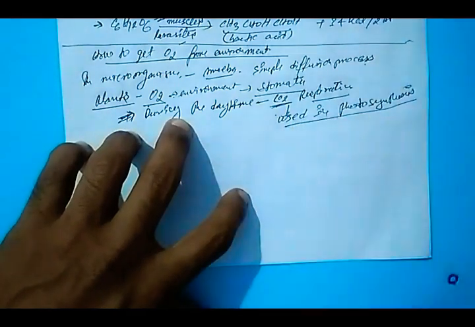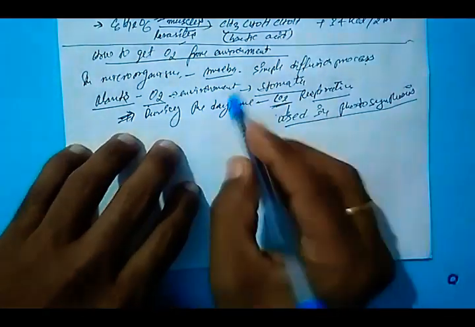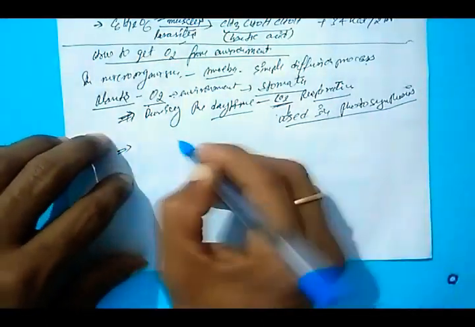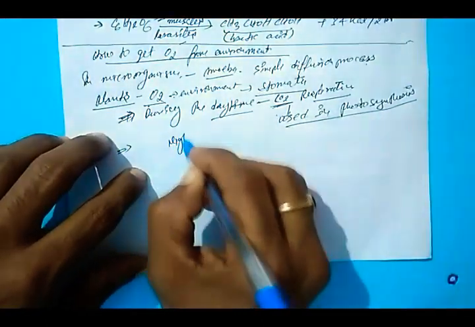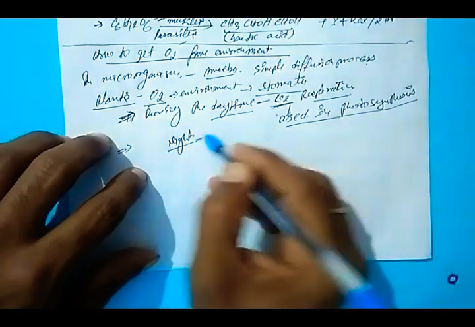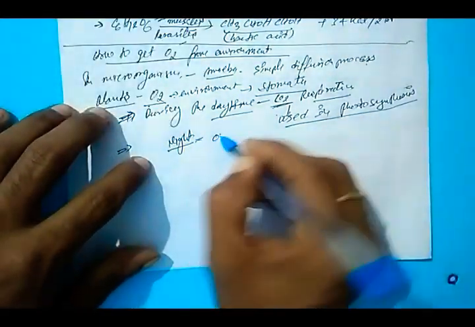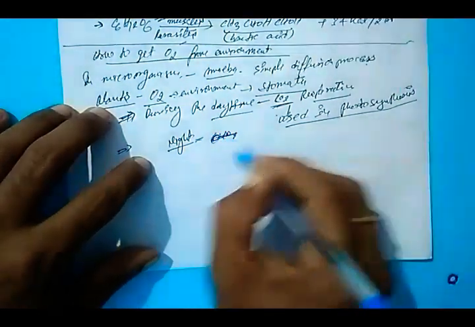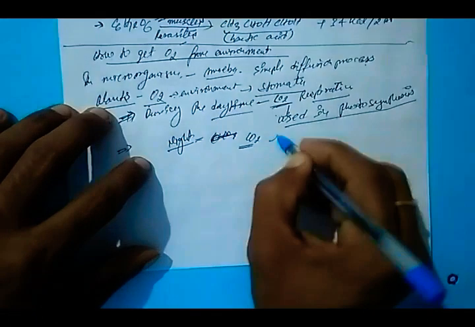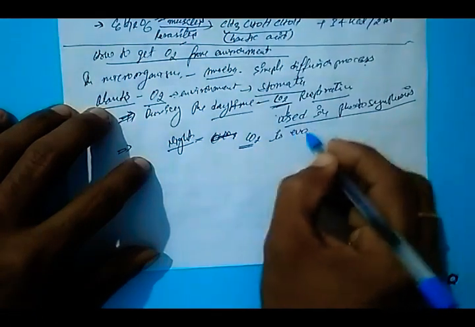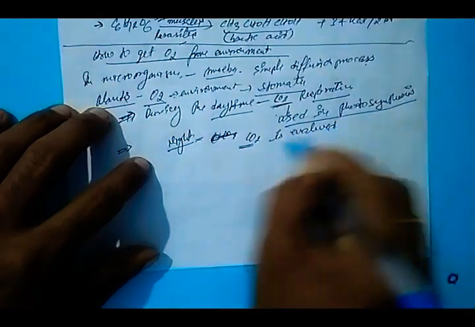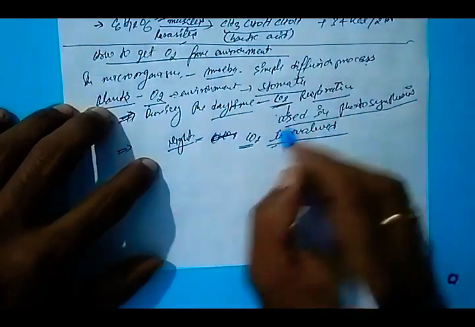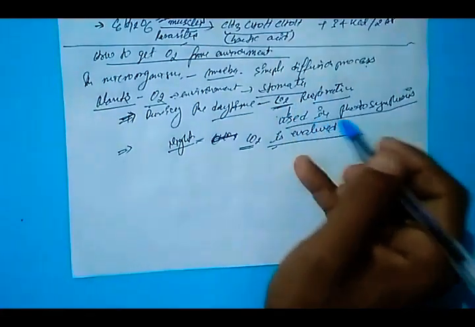That's why CO2 is not evolved during the daytime. Only in night time carbon dioxide is evolved. During the daytime, carbon dioxide is used in photosynthesis.